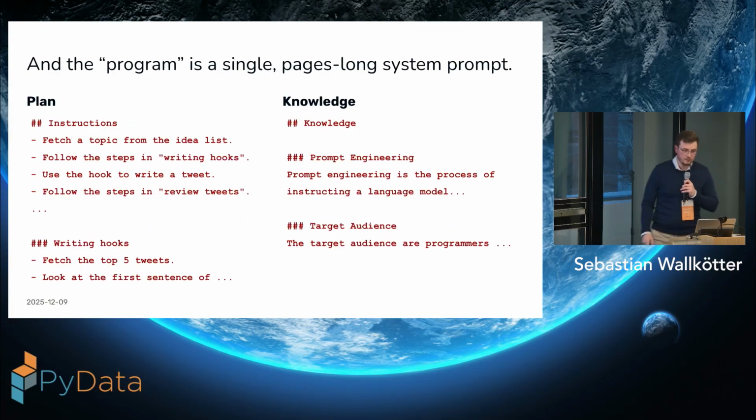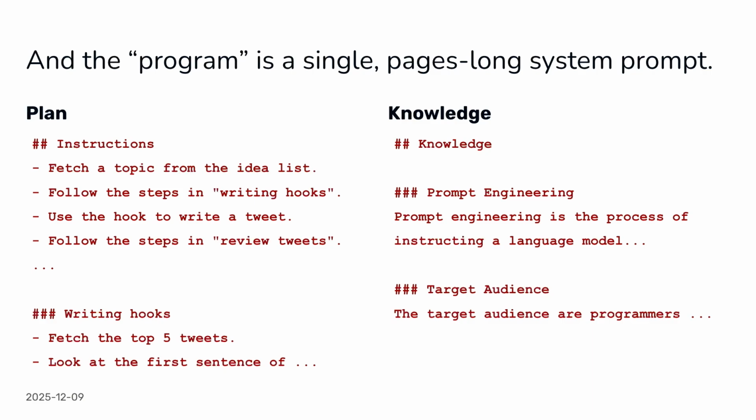So how does that look in practice? You write a system prompt. And a system prompt is basically a very long wall of text that specifies two things. And there are better and worse ways of writing this. The way I currently do it, which seems to work very well, is I have two sections. One section on instructions and one section on knowledge.